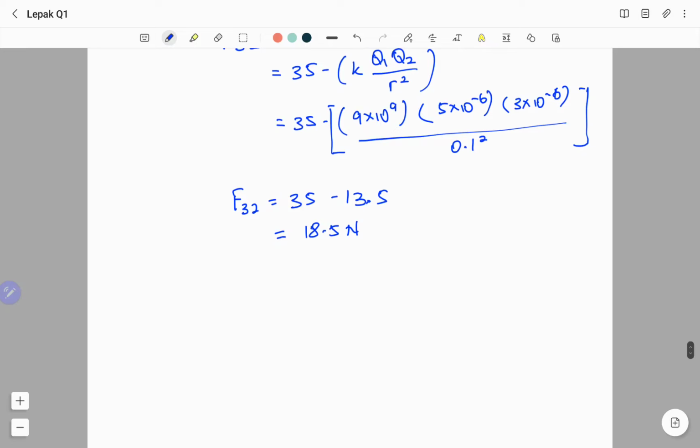So this is the value of F32. In order to determine the distance, we need to expand this.